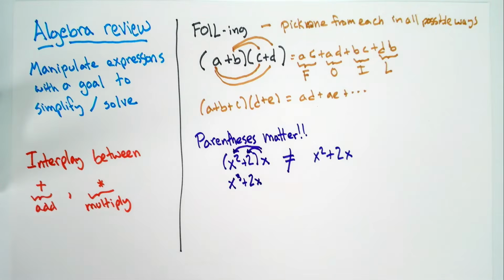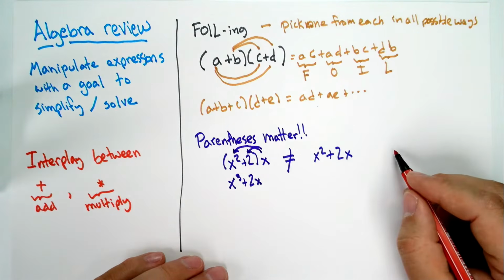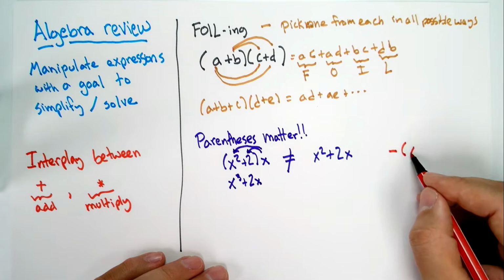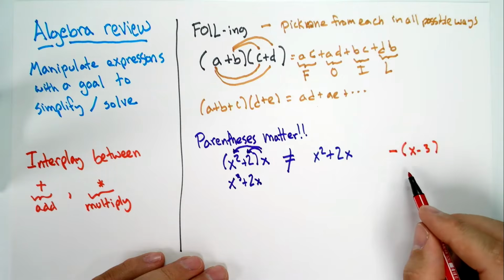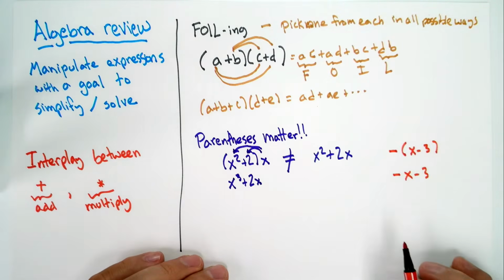Oftentimes, when people make mistakes, one of the most common things is they forget parentheses, or they write parentheses down and say, I don't need to bother, and so they don't multiply them through. Another common thing is the minus sign in front of parentheses. So minus, x minus 3. It's tempting to say, minus x minus 3, just drop the parentheses.